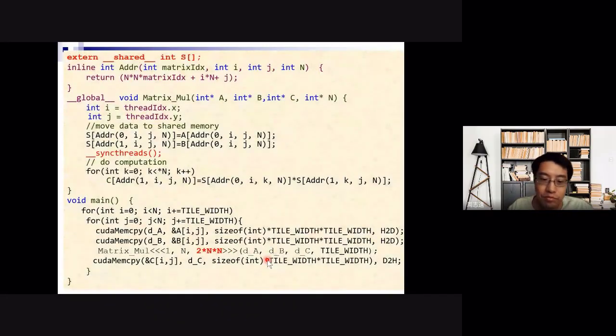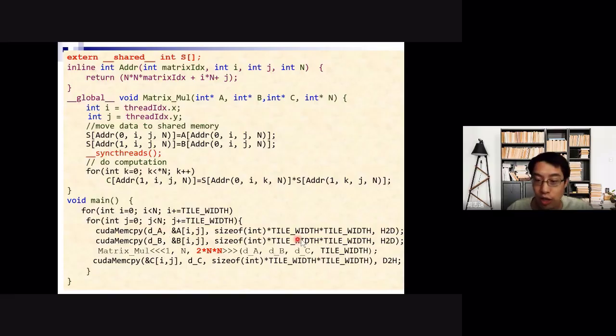Okay. And this is the complete code for the approach we mentioned. Again, it's pretty much the same as before. Instead of n, now we have tile width over here, right? So we break the problem from a huge matrix into many small matrices, right?